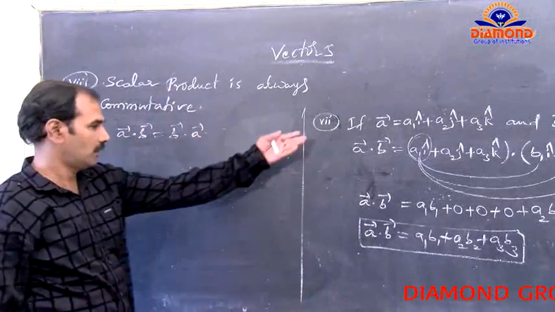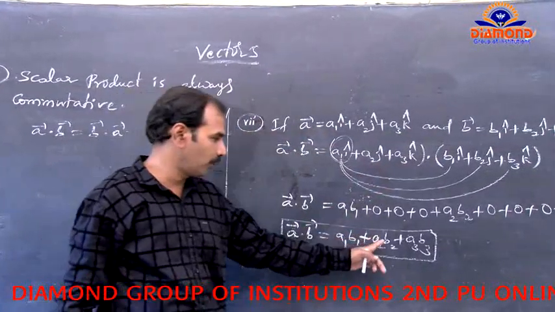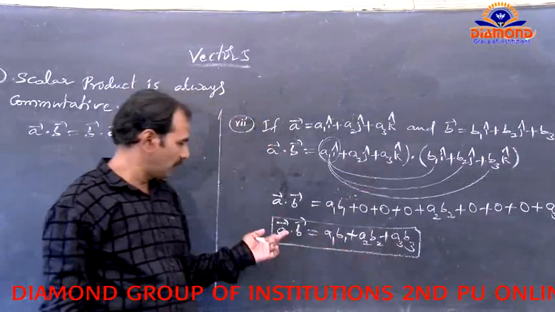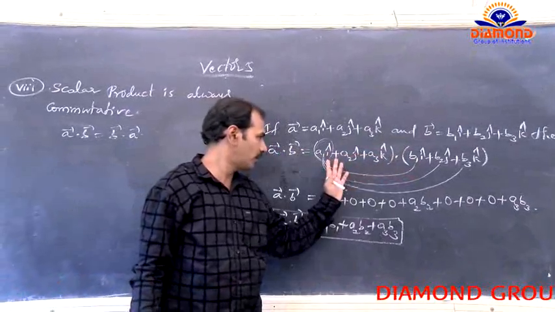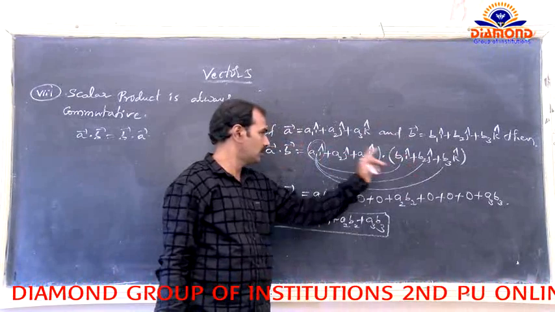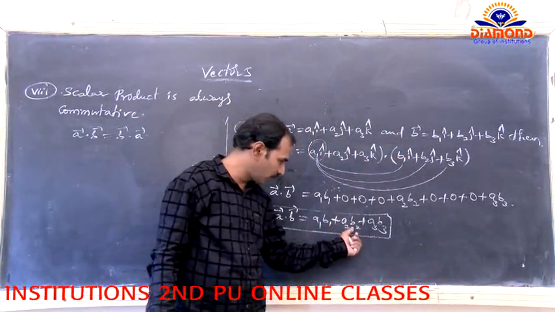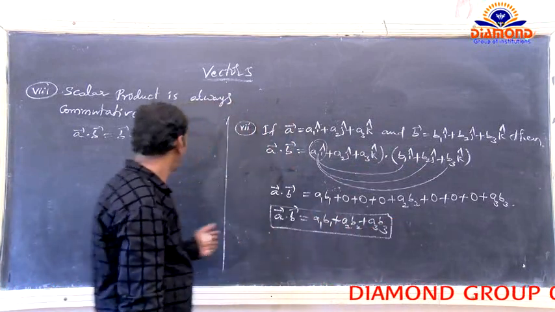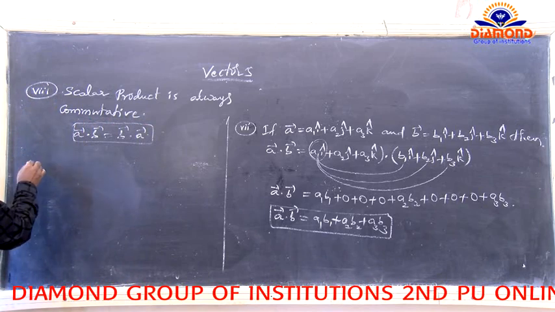First, A dot B we know already is A1 B1 plus A2 B2 plus A3 B3. In reverse, B vector dot A vector, you take the values from that side, and the product is the same: A1 B1 plus A2 B2 plus A3 B3. This is the commutative property.